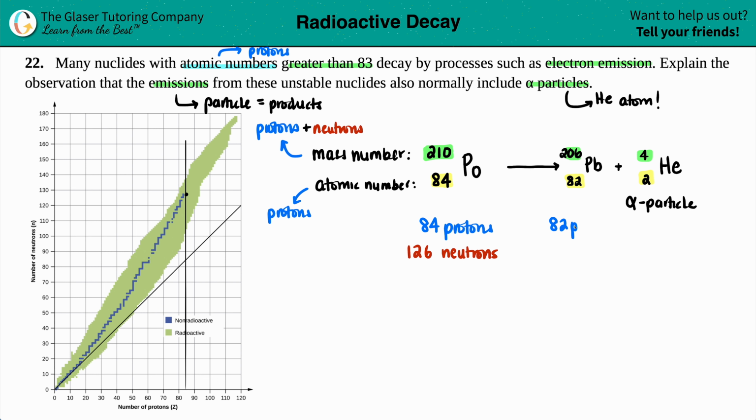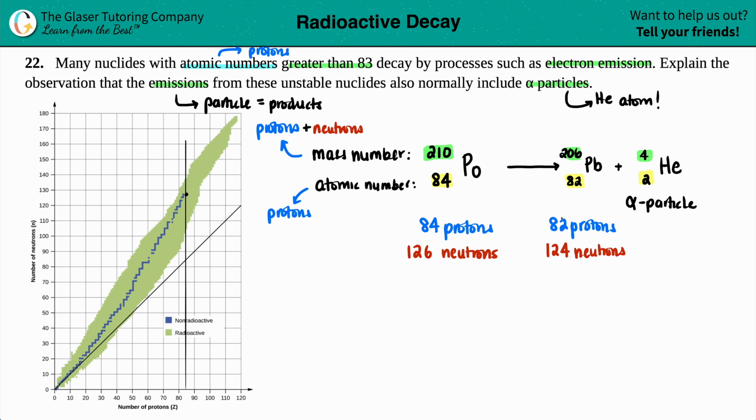Yeah, I heard you. 82 protons, because that's the bottom number, and we subtract these two to get the number of neutrons. 206 minus 82 is 124. Let's put that down, 124 neutrons.